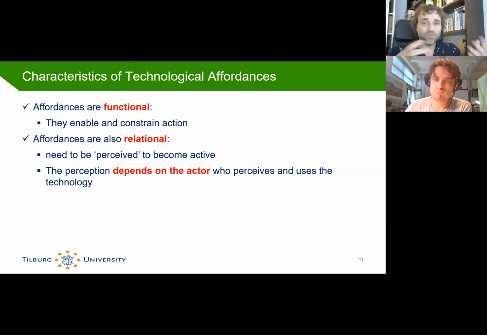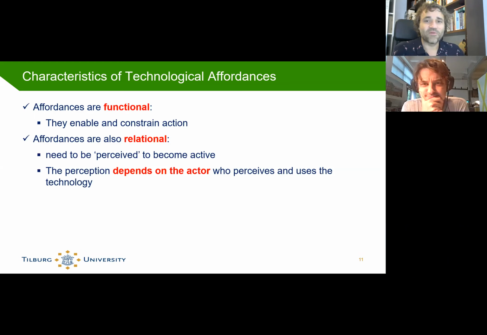So let's not talk about rocks, but talk about social media. If you look at your LinkedIn, it enables you to keep track of a list of your professional connections. And it constrains you in other things. You cannot use it as a cookbook or something like that. So they enable some things, they constrain other things. They're relational, so they need to be perceived to become active.